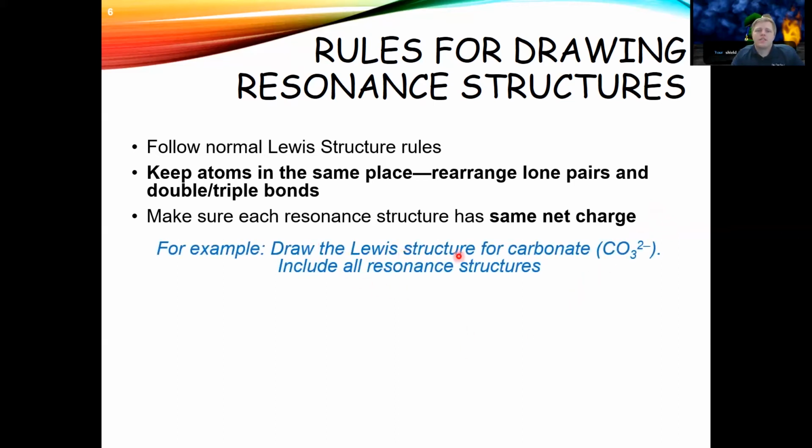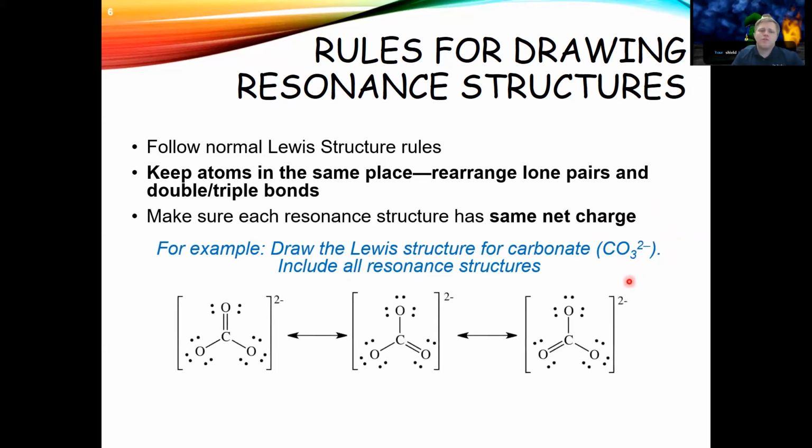So for practice, let's look at the Lewis structure for carbonate. So this is CO3 2-. The 2- tells us that we get 2 extra electrons in addition to the valence electrons that carbon and oxygen are bringing us. So if we draw the Lewis structure for carbonate, we actually get something like this, where carbon is double bonded to 1 oxygen and then singly bonded to 2 other oxygens.